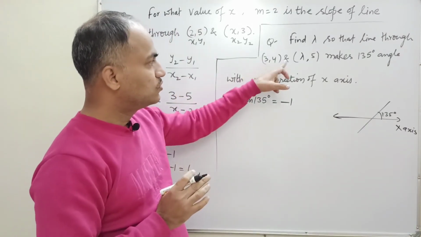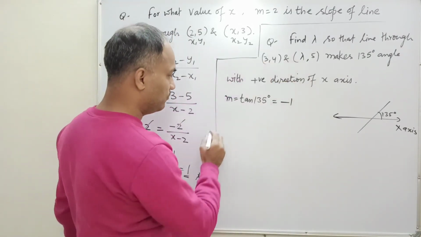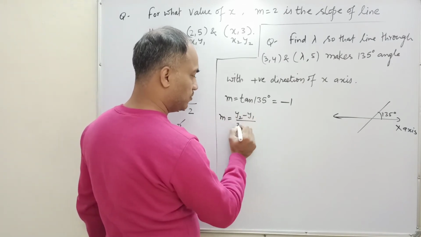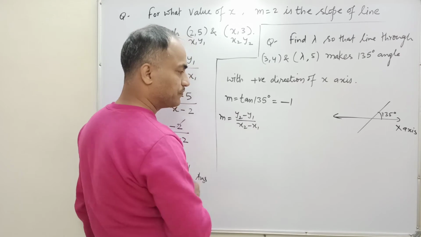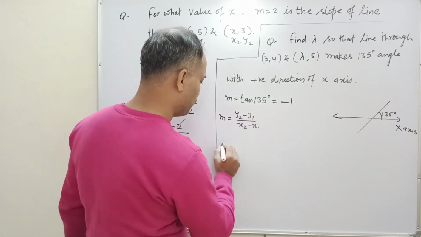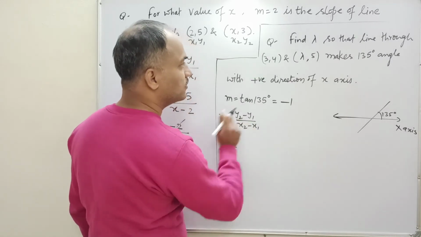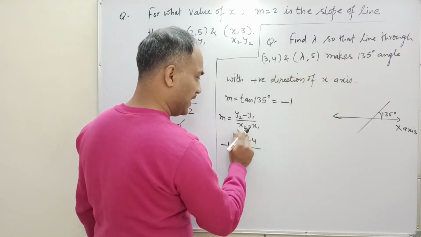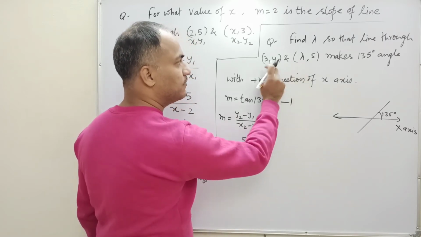Now again 2 points are given, so we can apply the formula that m is y2 minus y1 upon x2 minus x1. So this time let us apply quickly. Minus 1 is equal to y2 minus y1, so 5 minus 4, upon x2 minus x1, so lambda minus 3.